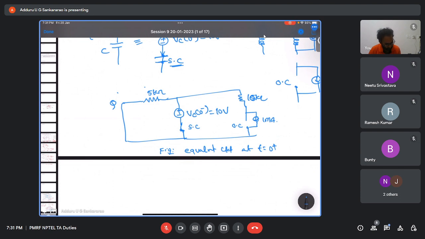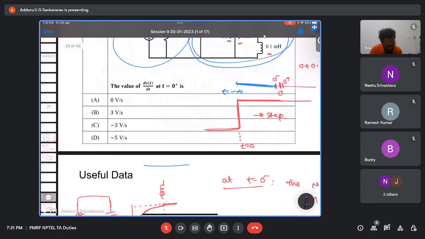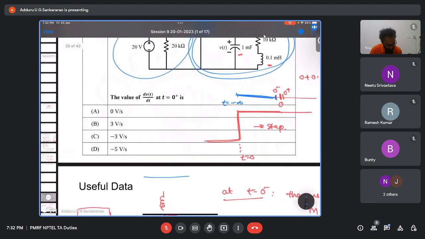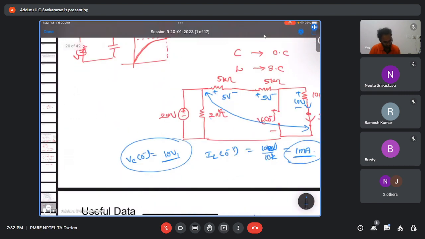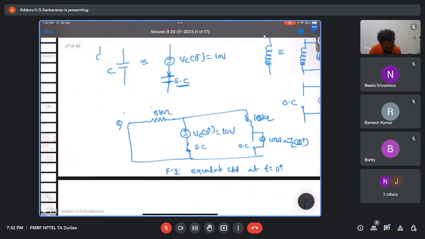Actually, the capacitor voltage cannot change suddenly. So at t equal to 0 plus and t equal to 0 minus, both are the same voltages. Similarly, inductor current also cannot change suddenly. So at t equal to 0 minus or 0 plus, the current is the same. Now what they're asking is dv of t by dt.